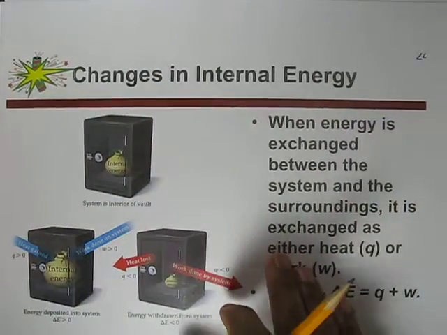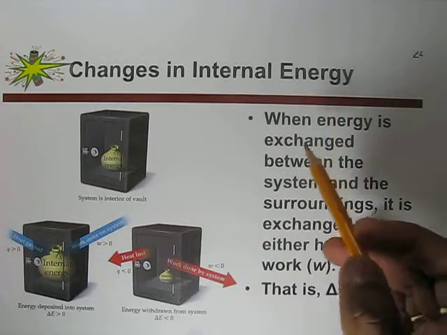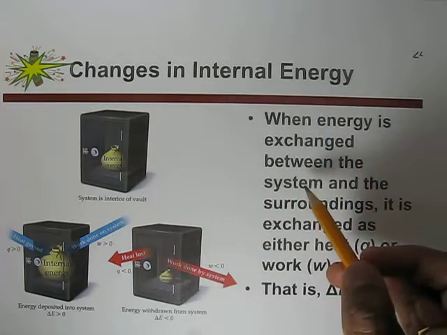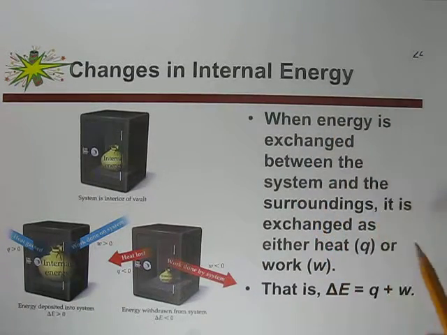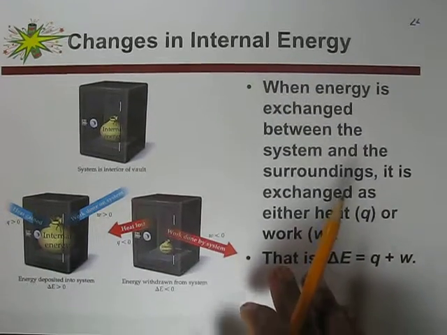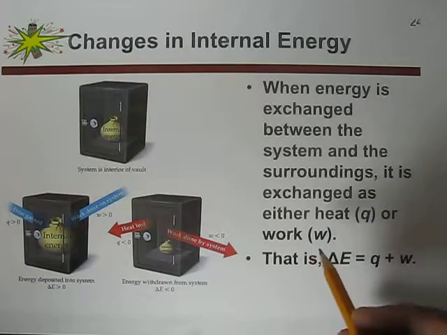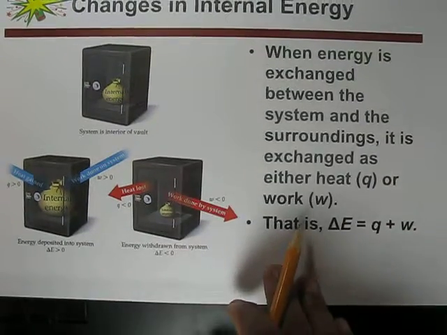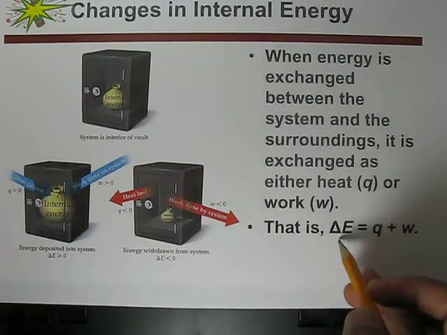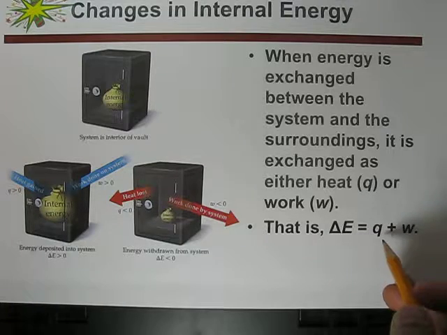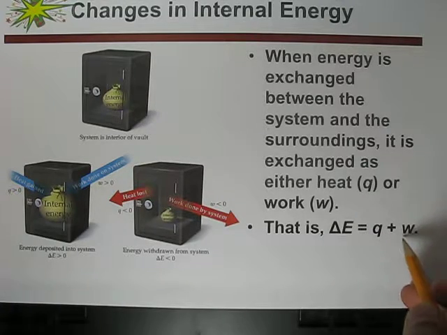So let's see once again the same thing in a different way. Changes in internal energy. When energy is exchanged between the system and the surroundings, it is exchanged as either heat, Q, or work. So delta E can be calculated as heat plus work.